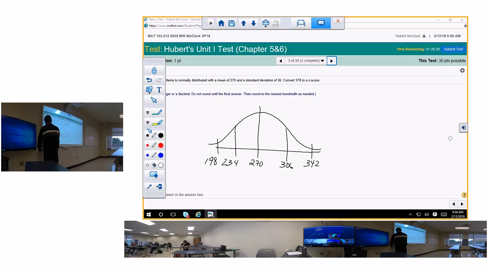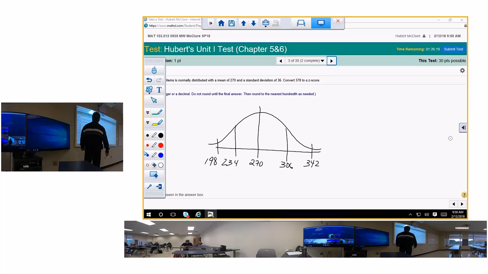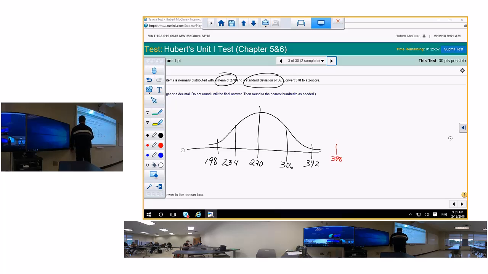Now they want a z-score. They want to change 378, which is going to be way up here. You need to get in the habit of whenever you see this, that probably means you're going to draw this somewhere down the line.